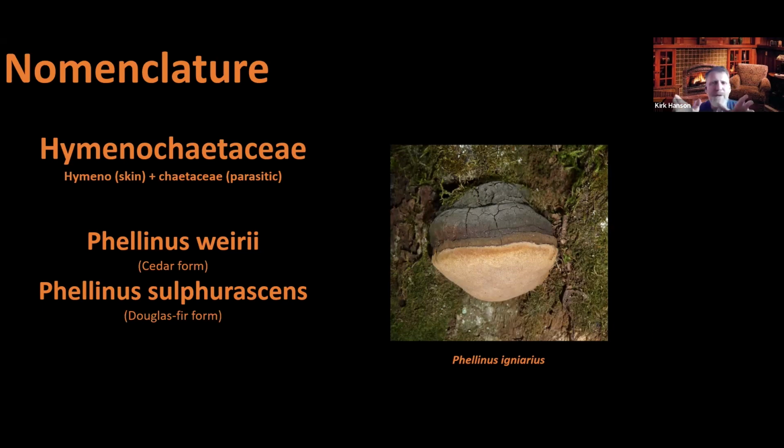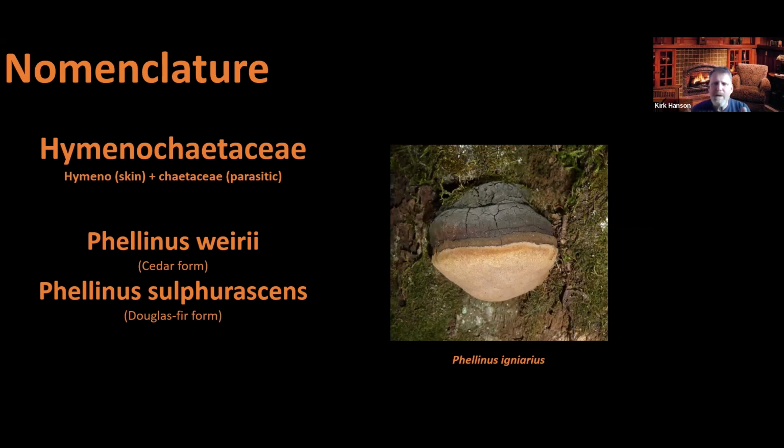What's interesting is the name Phellinus means conk, and the laminated root rot fungus that attacks both Douglas fir and cedar actually rarely ever produces a conk or any kind of fruiting body. Maybe that finally bothered the mycologists enough that they said, there's something up here.